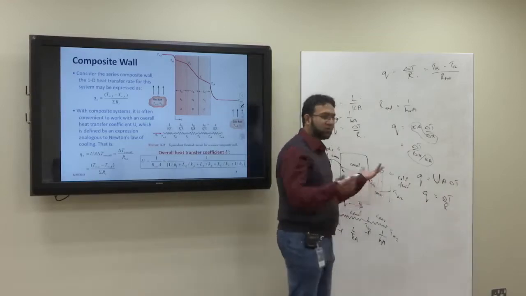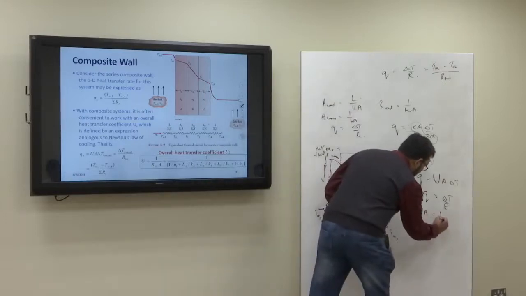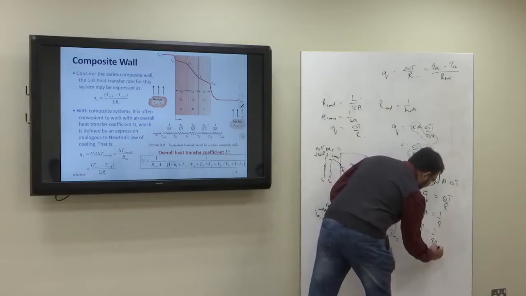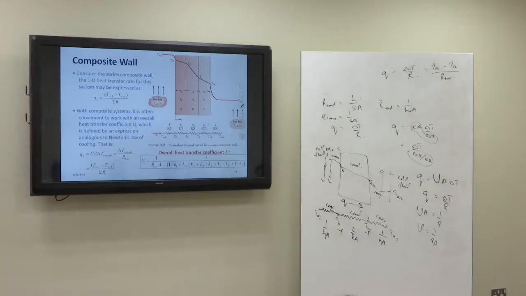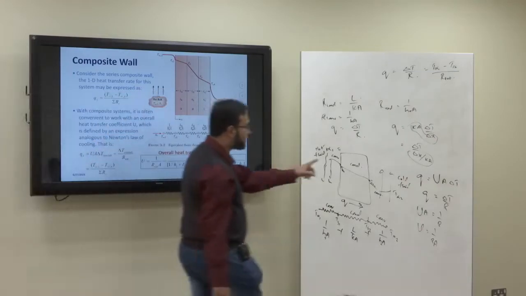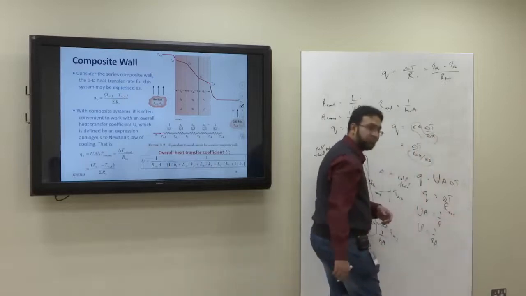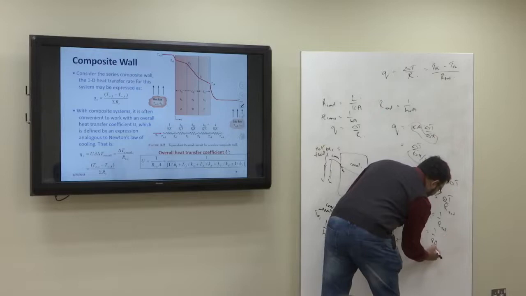UA is equal to 1 upon R, or you can say U is equal to 1 upon RA. Since this U is for the total, it will be R total.